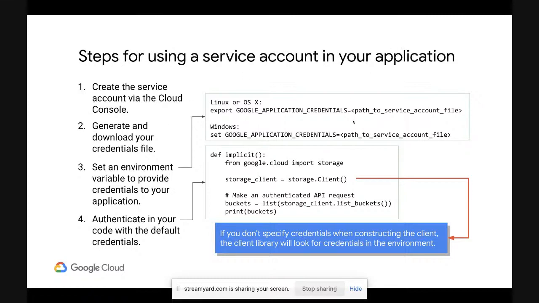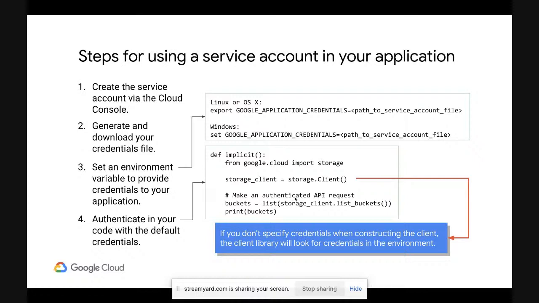Here in this example, it shows you the commands to set the environment variable in both Linux and Windows. So you can just export or set the path to those credentials. And you can then make an authenticated API request in your code using that.